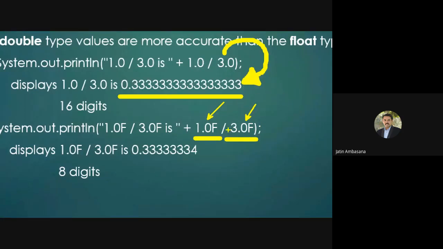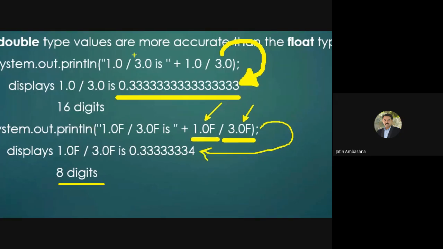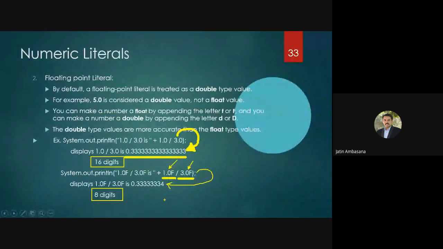So now the result of this division will be a floating point result, and this is the value it will give. It will give you about 8 digits of output, whereas a double division will give you about 16 digits of output. You see, that's the difference between a float and double.